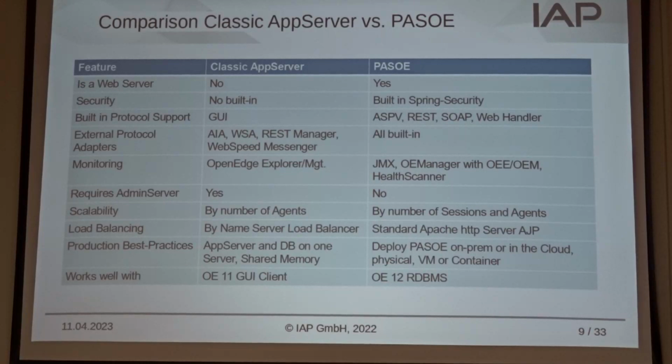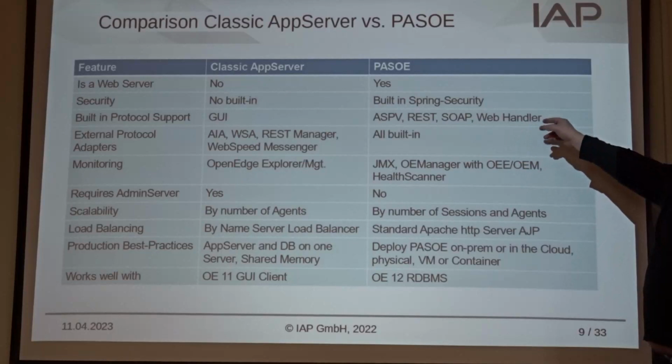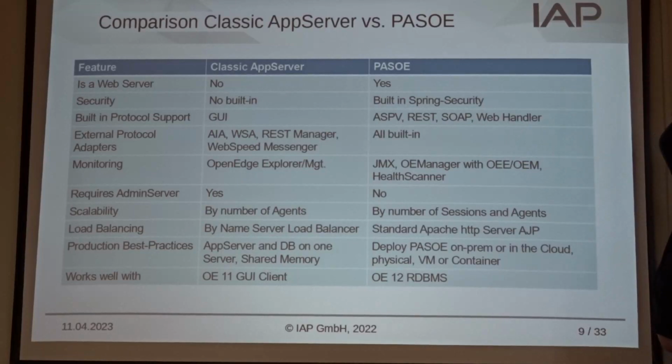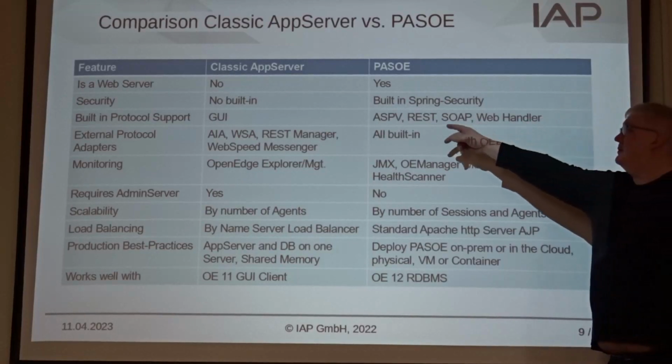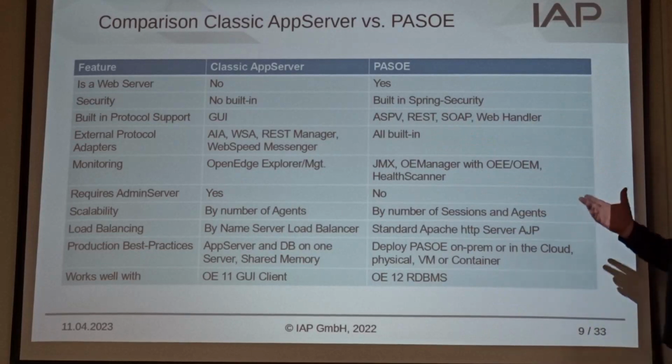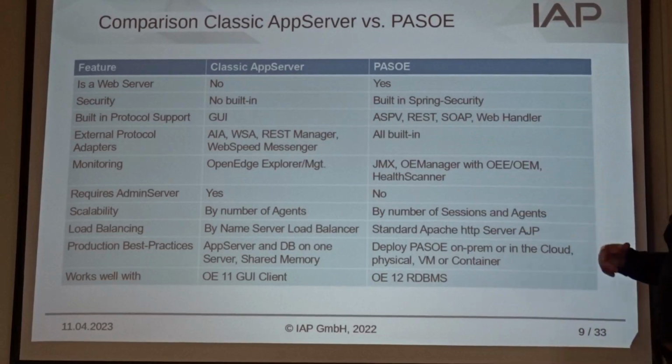Tomcat will also handle CORS. Then PASOE has four handlers here, and the classic app server has the built-in handler only for the GUI.